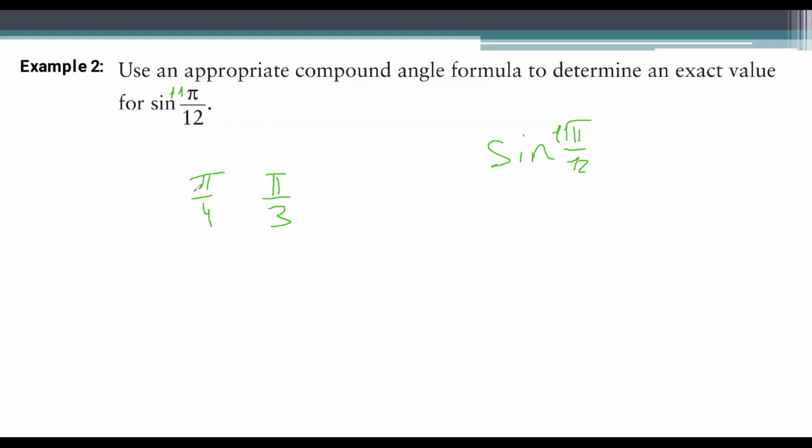For example, we can use, and it's 11 on top. How can we get 11? 11 is a sum of 6 and 5. It's an odd number, not really convenient, but we could use 8 and 3, right? 8 plus 3 is going to be 11.